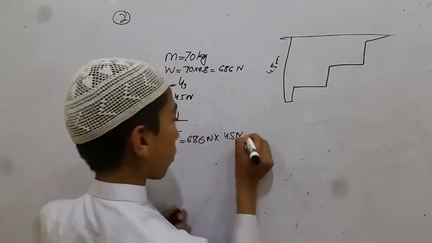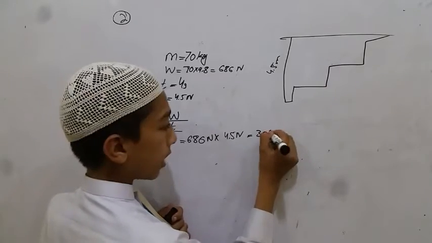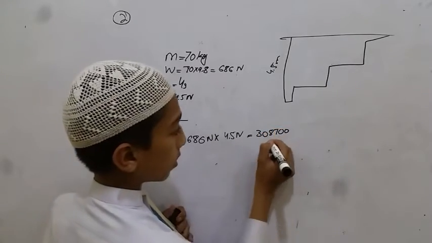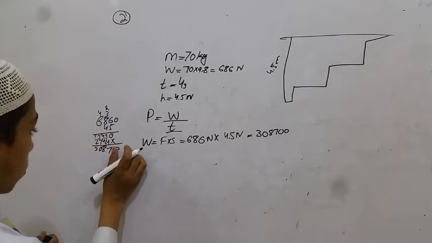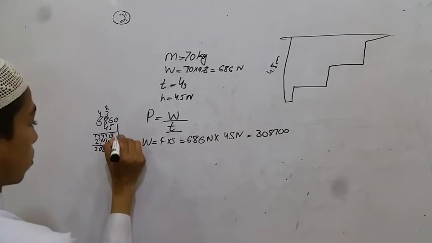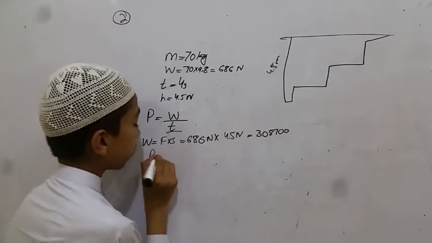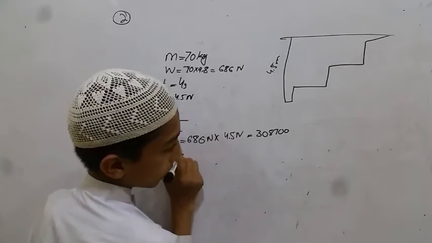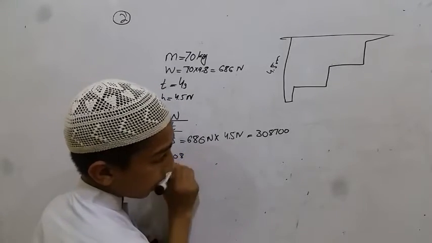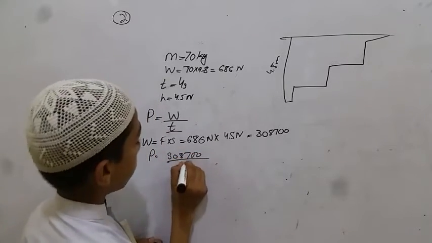Now work done is equal to 3,087 joules. So power is equal to 3,087 divided by 4.